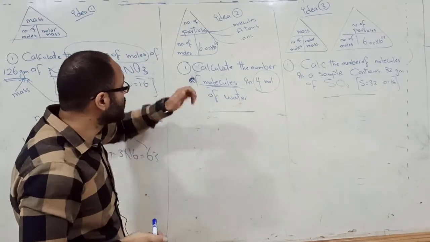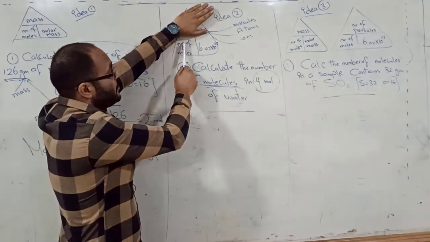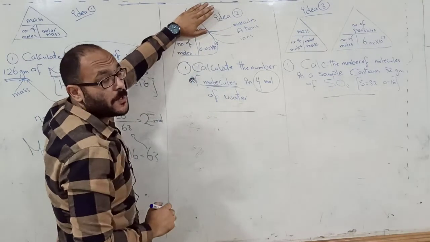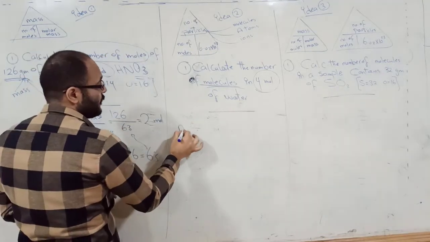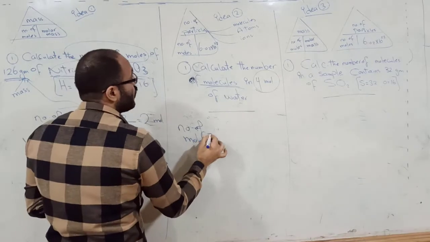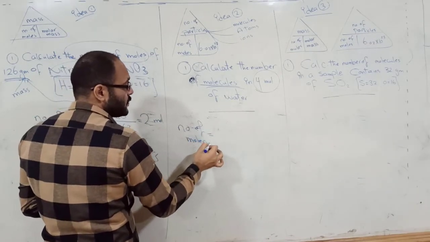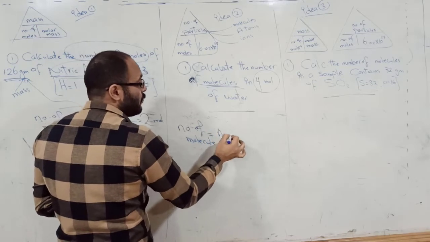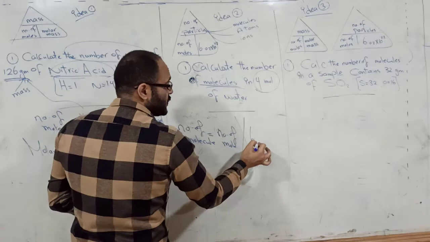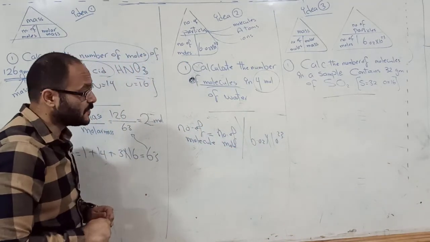Problem number 2: calculate the number of molecules in 4 mole. If you want the number of molecules, hide it. It equals number of moles times 6.02 times 10 to the power 23.